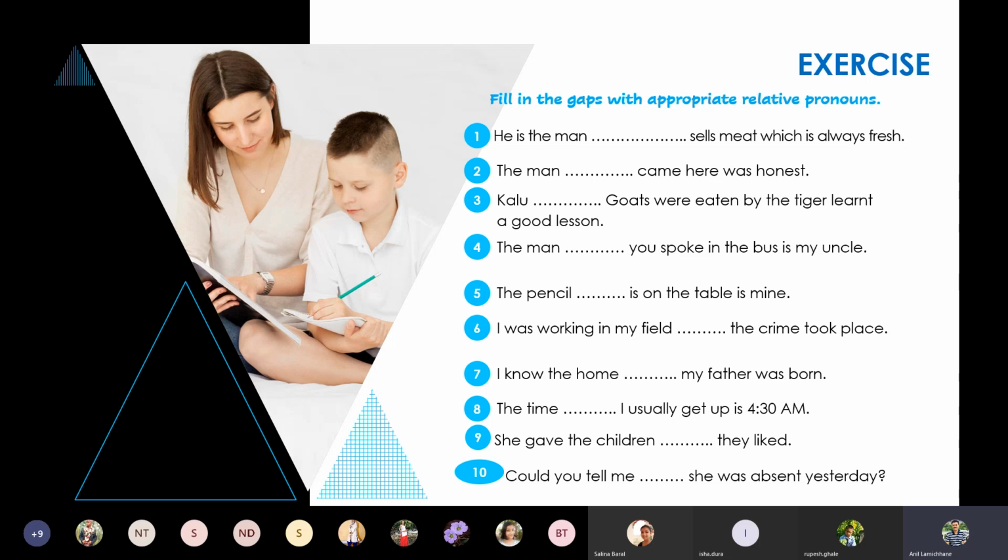Everybody sincerely do. I have seen somebody left. So don't leave. Do the things. And I suggest everybody stay all the time until the class ends.